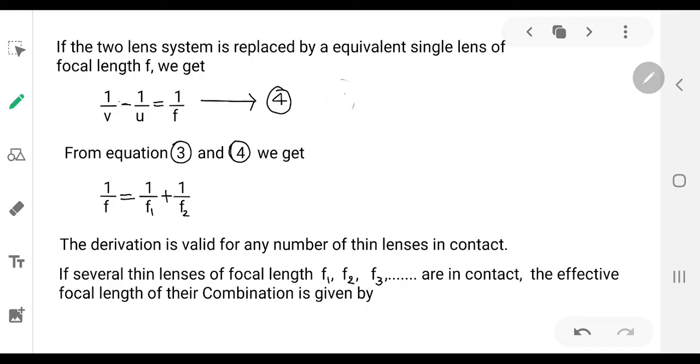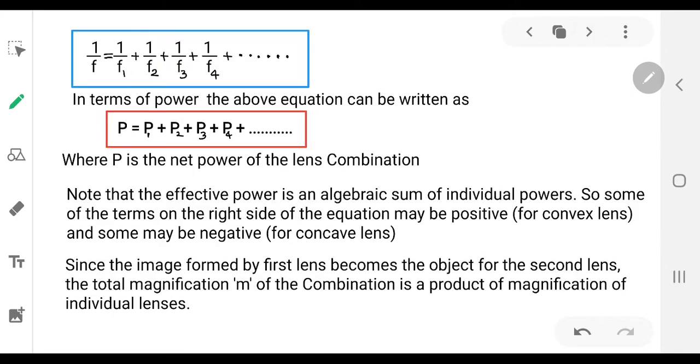If several thin lenses of focal lengths f1, f2, f3, f4 are in contact with each other, then the effective focal length of their combination is given by 1 upon f is equal to 1 upon f1 plus 1 upon f2 plus 1 upon f3 and so on.